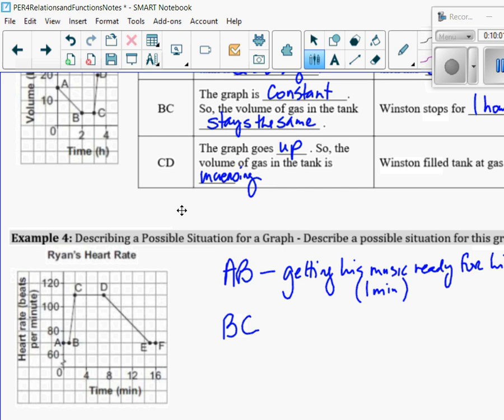No, no, I'm talking from A to B. It's not going up, right? I don't know. B to C starts running. He sprints, warms up, sprinting. That's for only a minute though, hey?